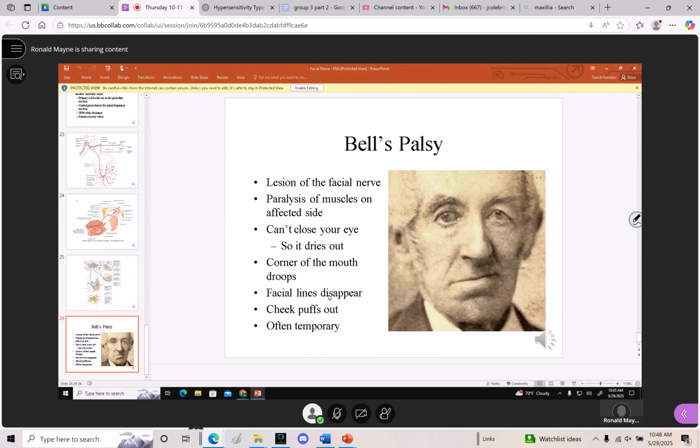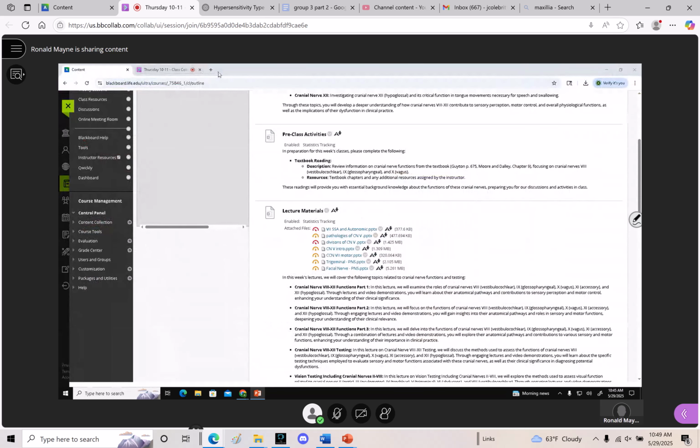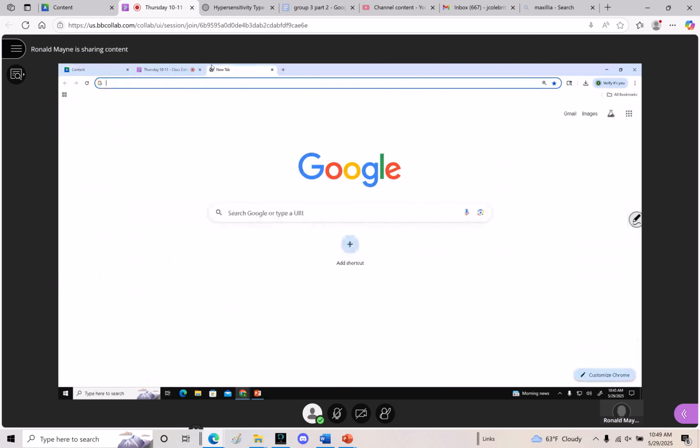The facial lines disappear. May be temporary. May last longer. It can happen from a stroke. A lot of times it happens from an infection that affects the nerve.